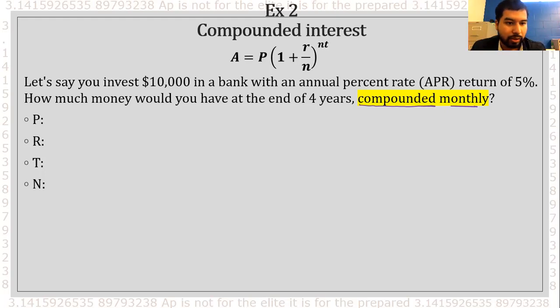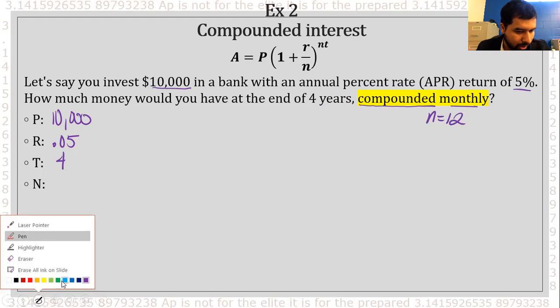I have $10,000, right? So that's still my principal. Then I have a 5% return, which we just discovered is 0.05 as a decimal. Move the decimal 2 times to the left to convert it to a decimal. My term is still 4 years. However, it's compounded monthly, so n has to equal 12.